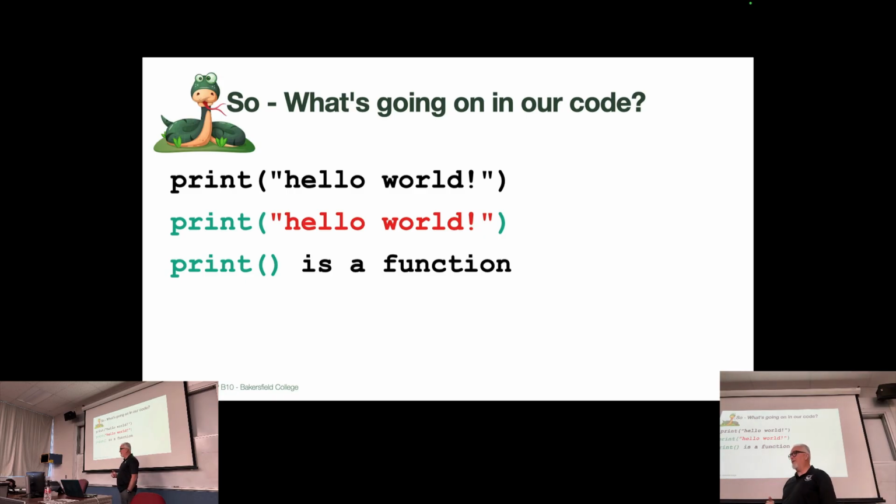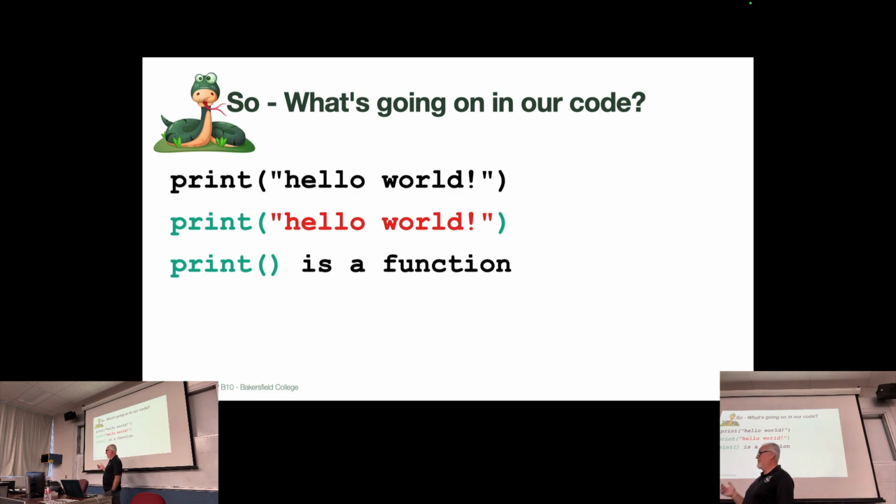Now, if I do that with print, I might get an error if the something in the parentheses is required, but it might just do nothing. Okay? Other functions have empty parentheses, and that's the way it's supposed to be.